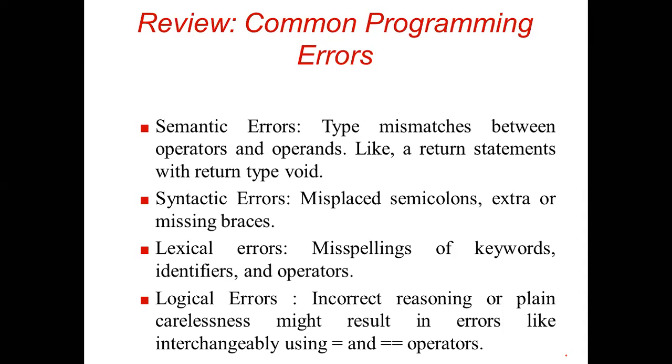So sometimes also a return statement with return type void. Sometimes we type anything, we never concentrate over that. We are just going to type our program. So such types of errors are called the semantic errors, typing mismatch. Okay, and this also comes under the category of the logical errors.